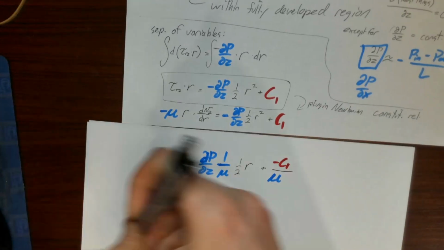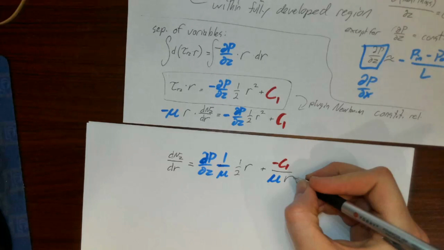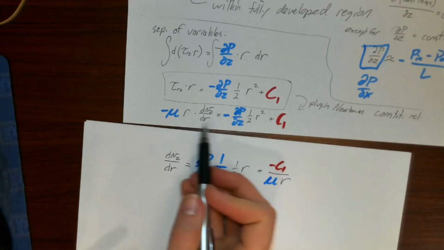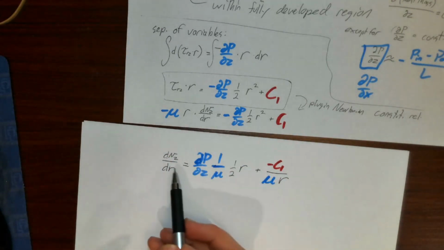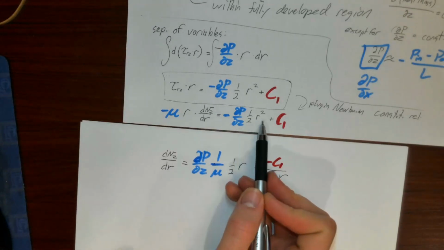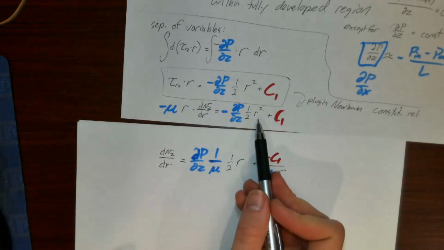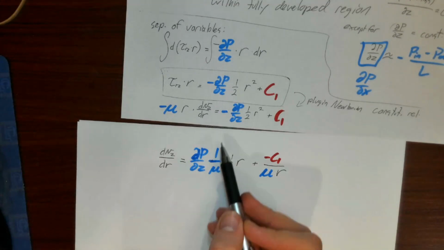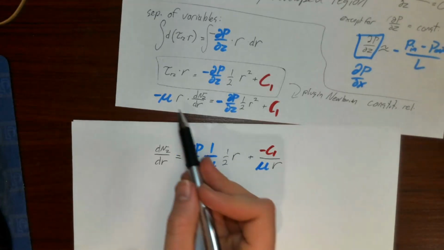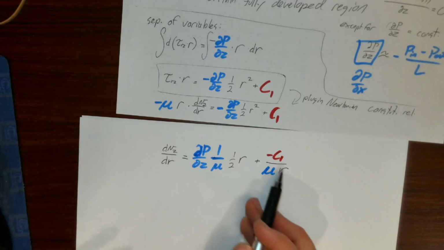Why do I get r in the denominator here? I had this r over here. I divided everything by basically minus mu r. Some of the r squared and the 1 over r cancel a little bit. The minus signs cancel out here, but I still have the minus sign over here.